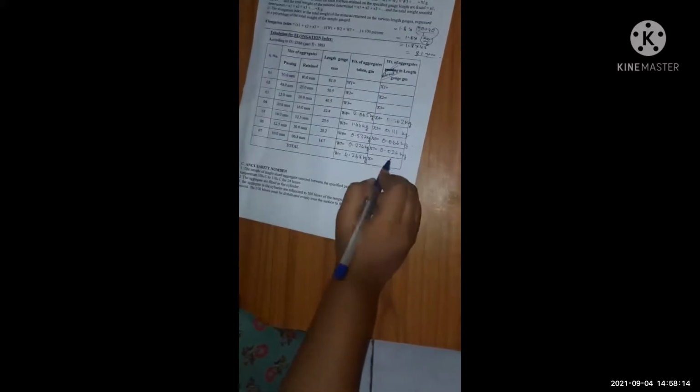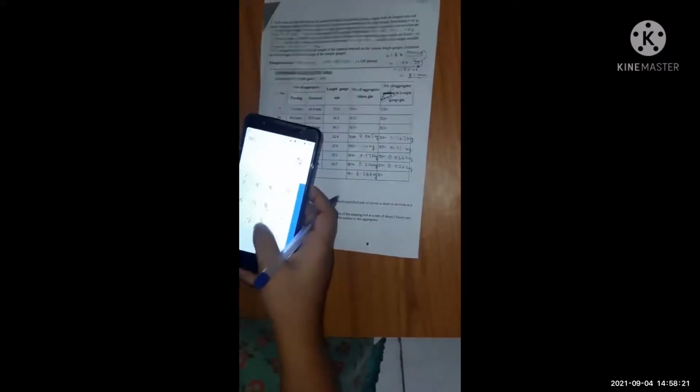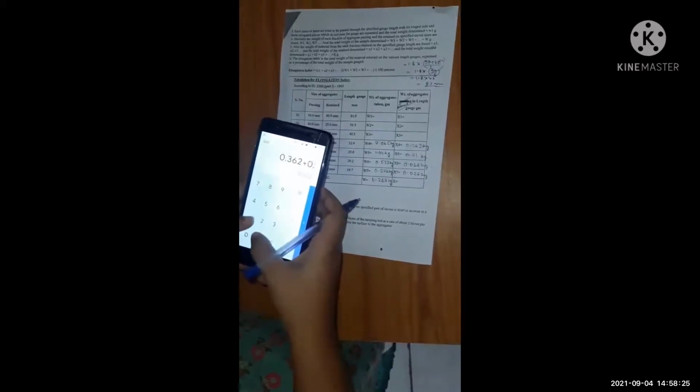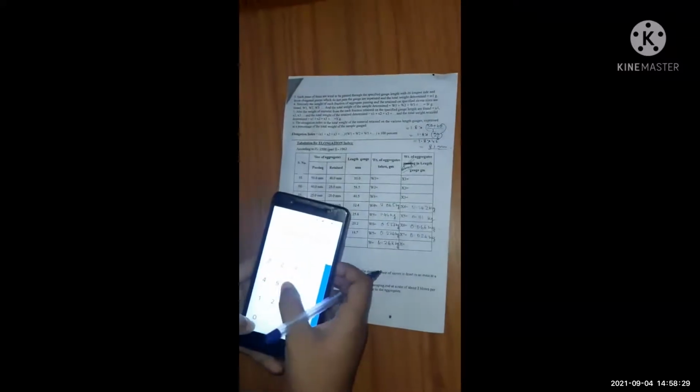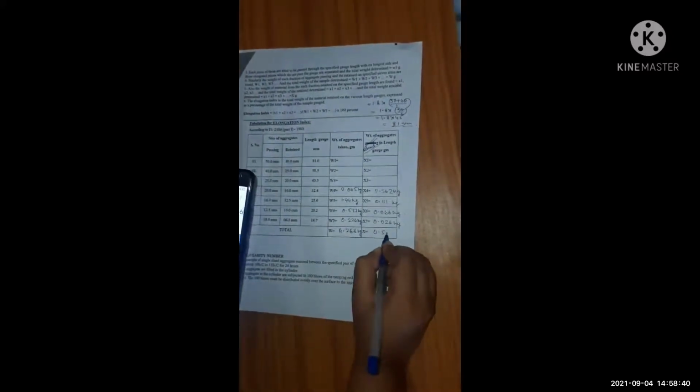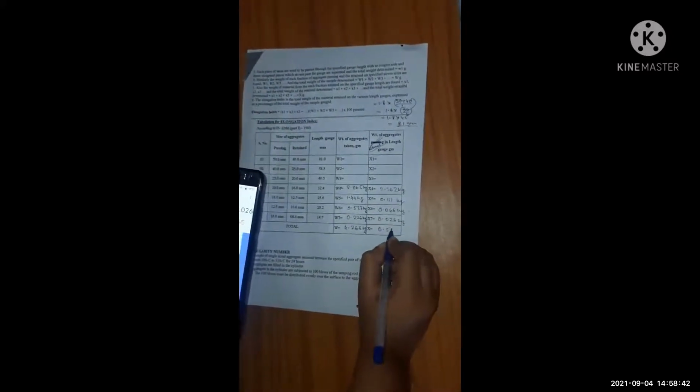So calculate the total weight. Total weight is 0.565 kg.